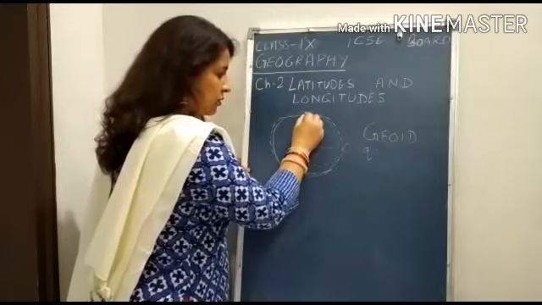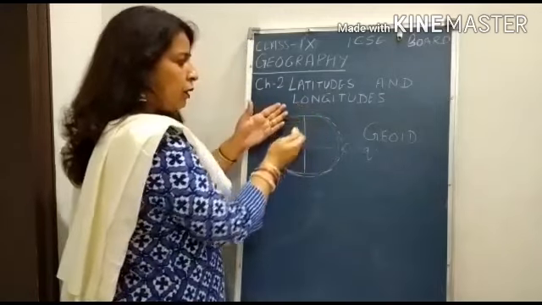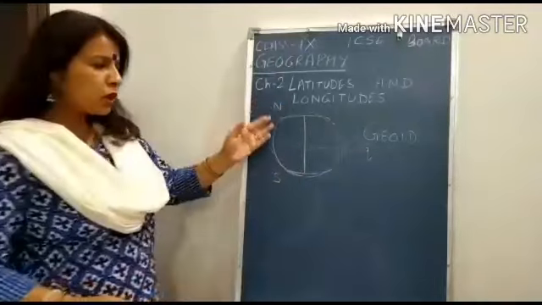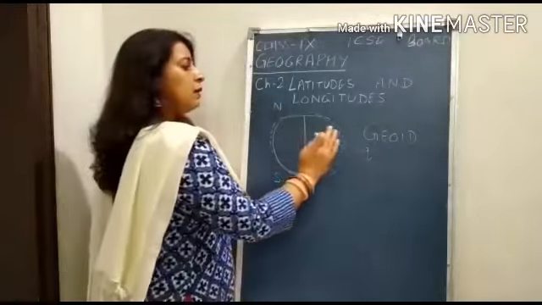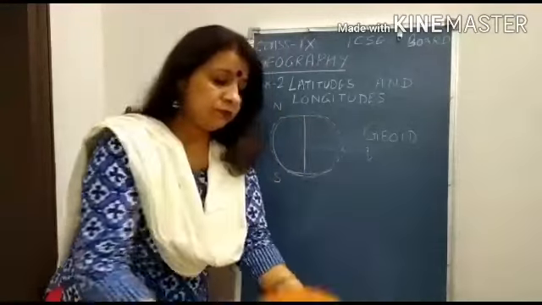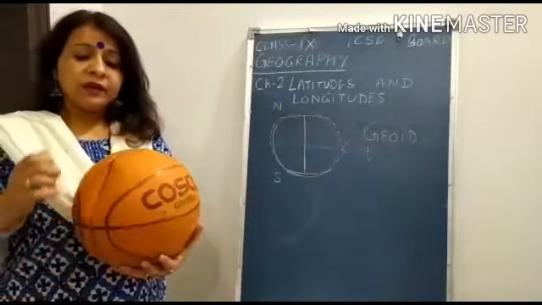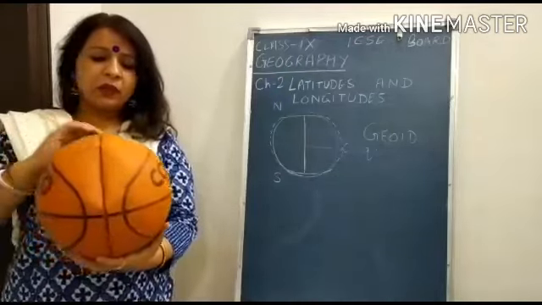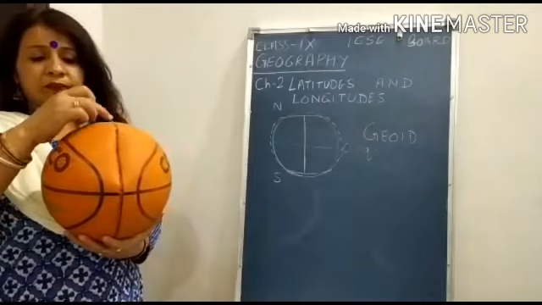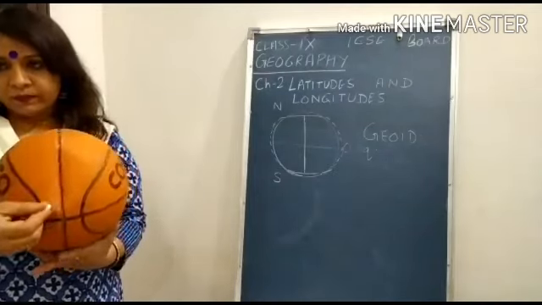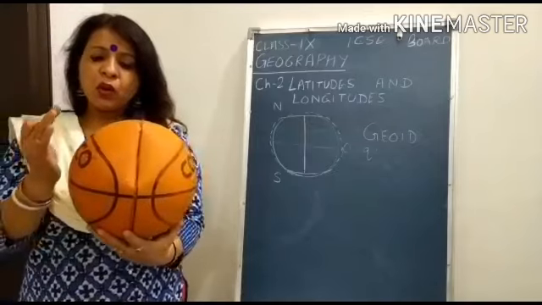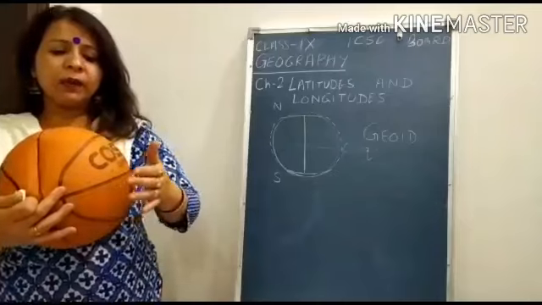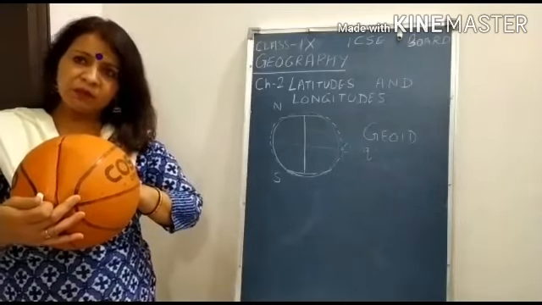If we divide the earth from north to south, this is north, that is south, from top to bottom, this is the 0 degree equator, okay, and if I divide the earth from top to bottom, then this whole part will become your eastern hemisphere and that whole part will become your western hemisphere.